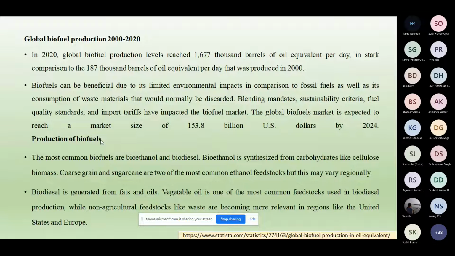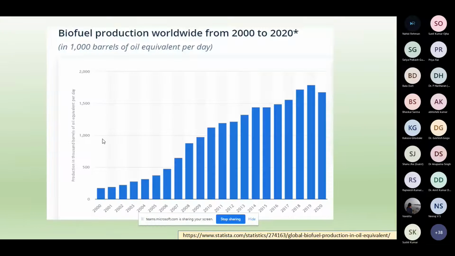For this, fats and oils were used, as well as some other agricultural and non-agricultural feedstock. So worldwide, if you see across the years from 2000 to 2020, in biofuel production there is initially a steep rise, followed by a continuous increase in a stepwise manner.